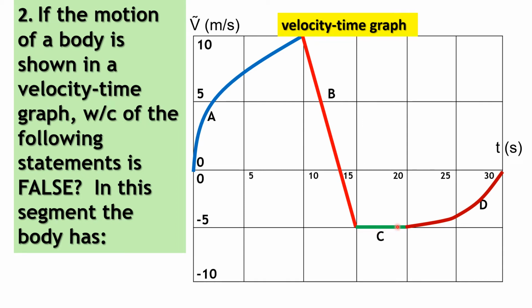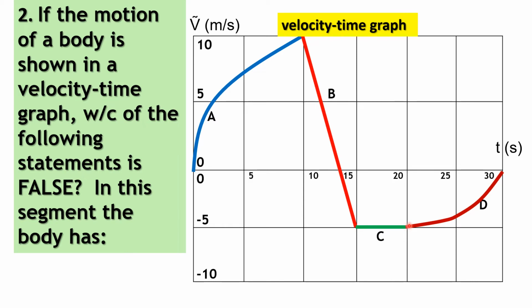So within the time of 5 seconds, the body actually has not changed its velocity. It remains negative 5 meters per second, okay, where the delta V is 0. So the acceleration is 0, okay?